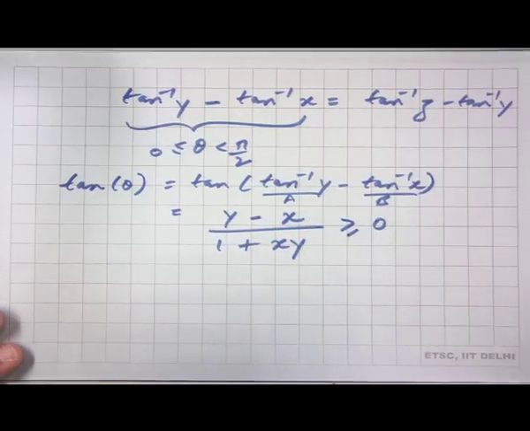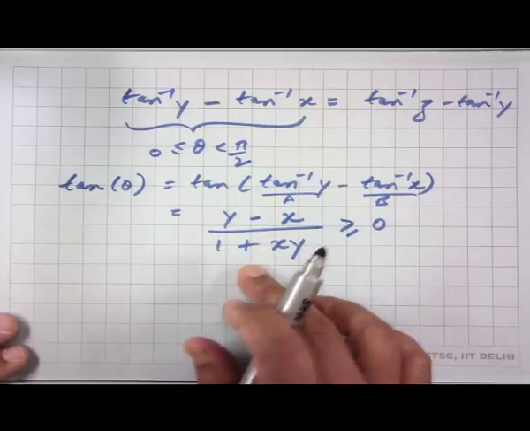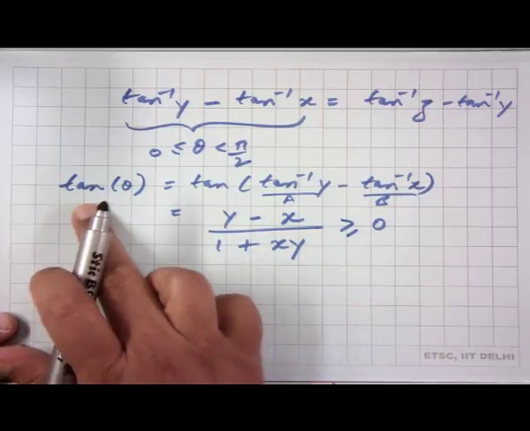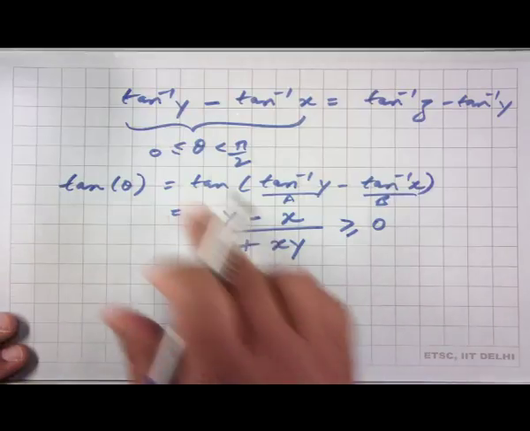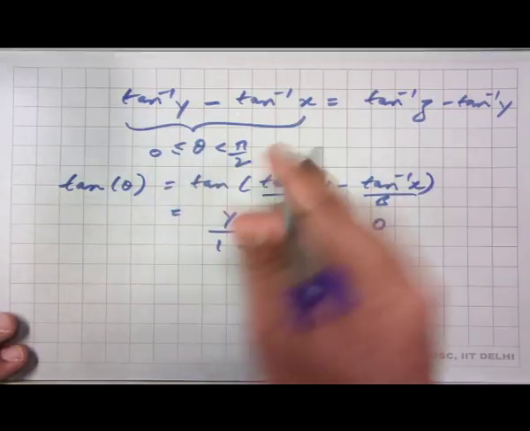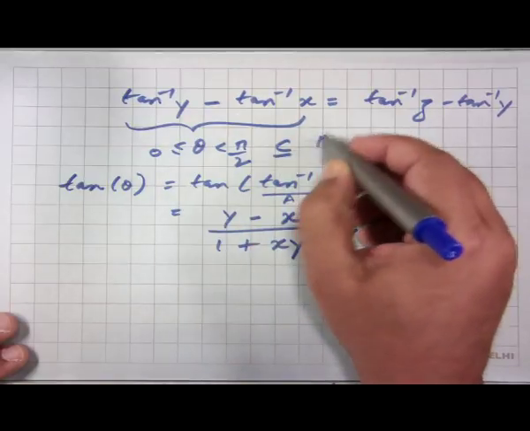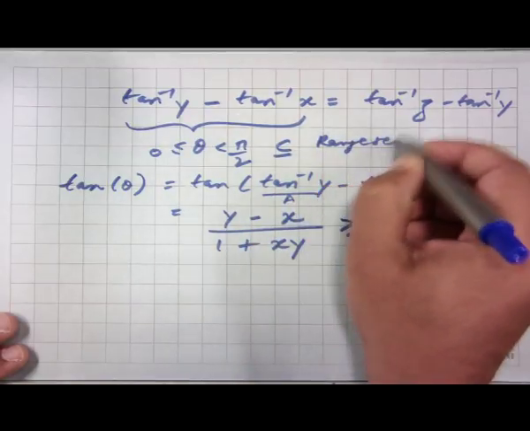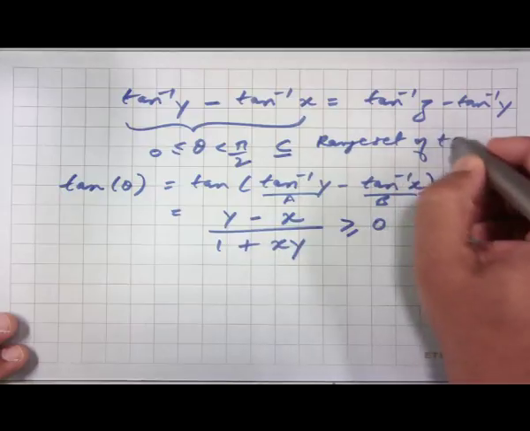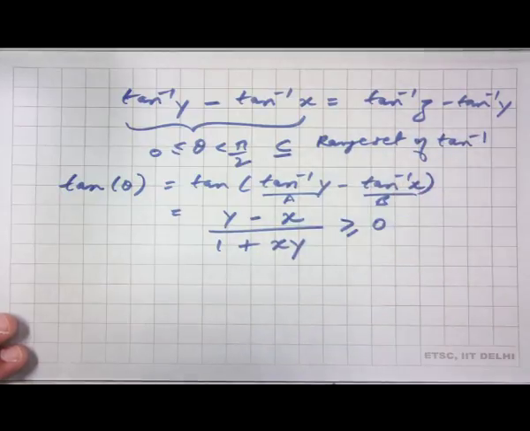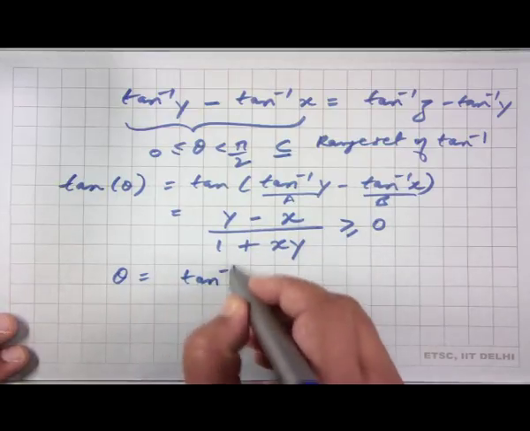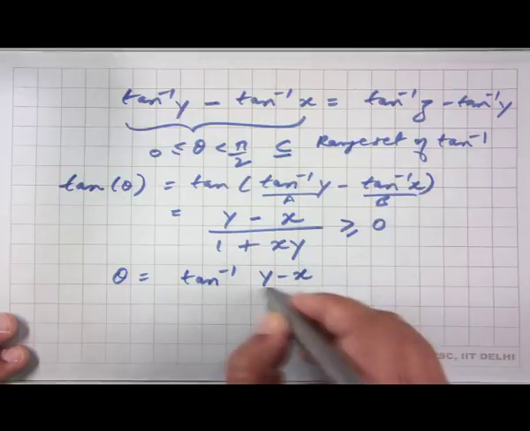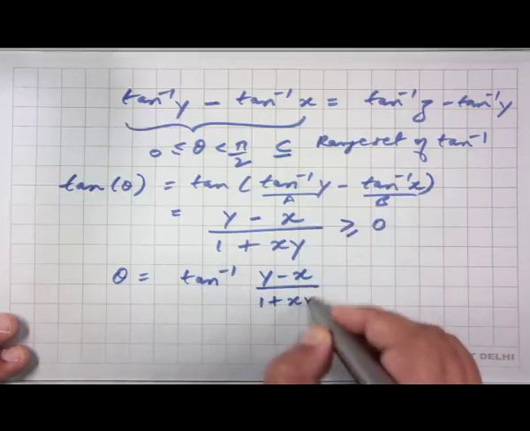So, from here it clearly follows that we have tan theta equal to this value, and theta of course belongs to this interval, which is actually a subset of the range set of the tan inverse function, and hence it follows from here that theta must be equal to tan inverse of (y minus x) over (1 plus x y).